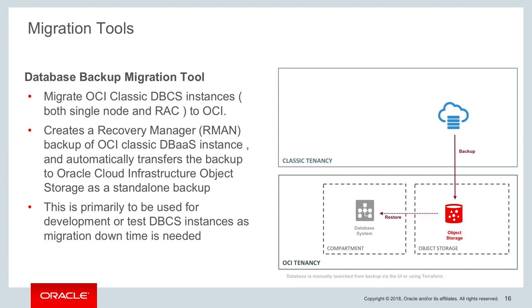And this backup can then be used to create a database system in OCI. Note that since the database in your source OCI Classic environment needs to be shut down for your RMAN backups, this method may not be feasible for your production instances.